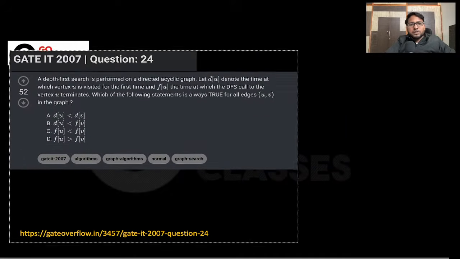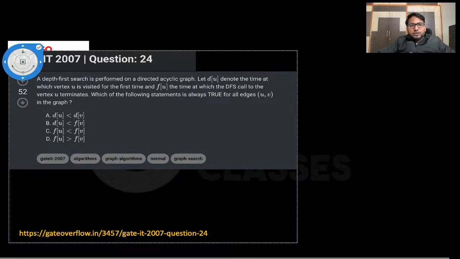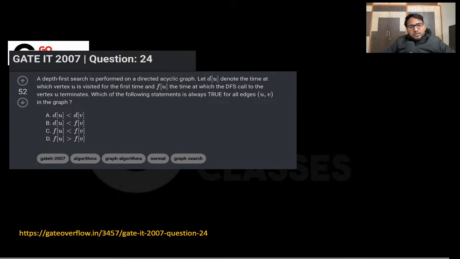See this question. This question was asked in GATE 2007. This is quite an interesting question. What they are saying: DFS is performed on a directed graph. d[u] represents the discovery time. Which of the following is always true about all edges UV? So let's suppose there is an edge UV in the directed graph. Interestingly, this is a directed acyclic graph.